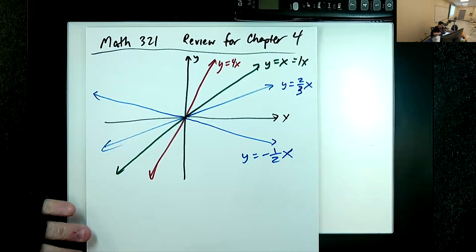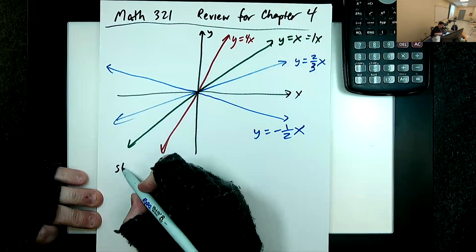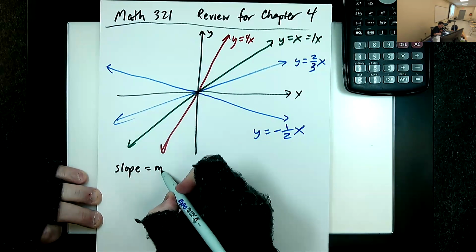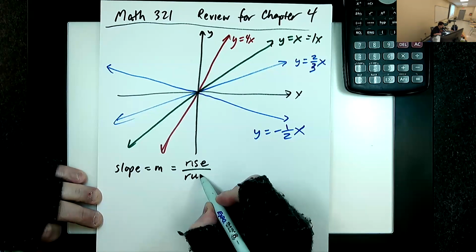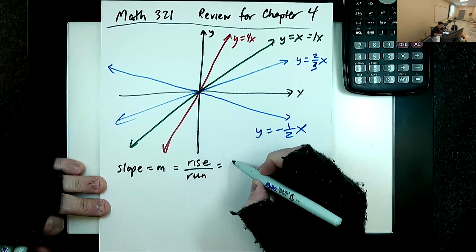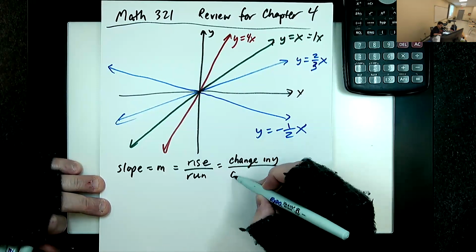And we were looking at slope, which we call m. And ways to look at it is rise over run. This is a change in y over a change in x.